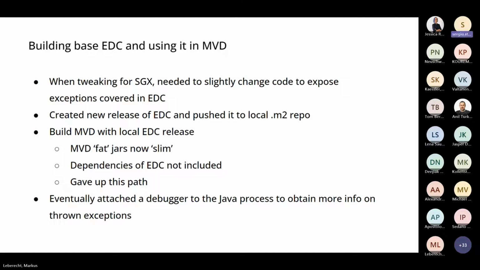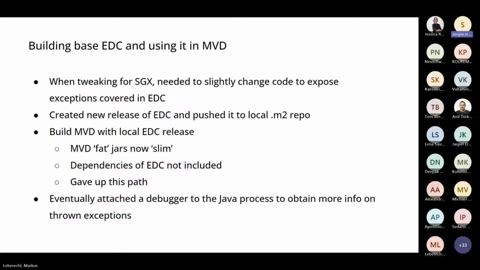Now, in terms of building, we had some challenges with running on SGX because SGX is a secure environment, and various features that the components of EDC were using were not available.